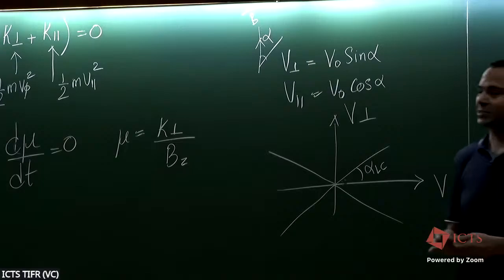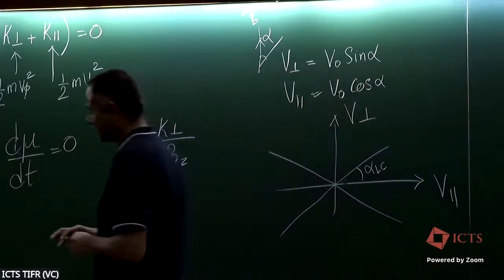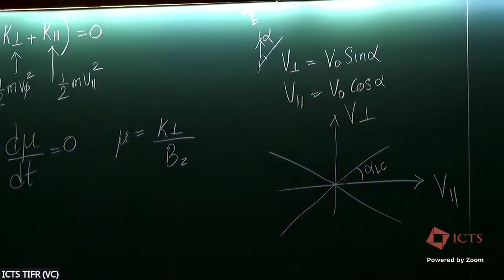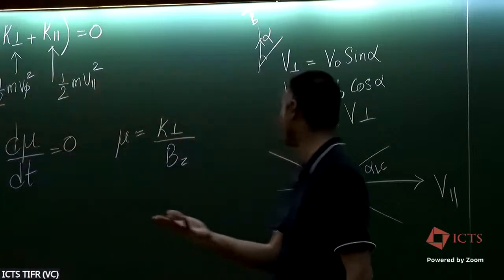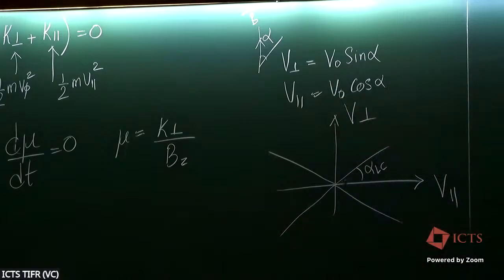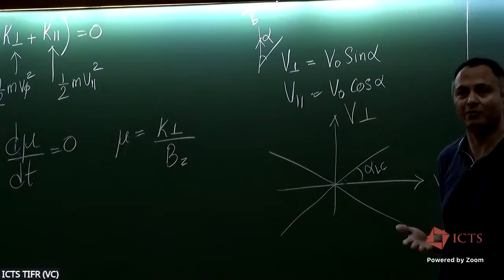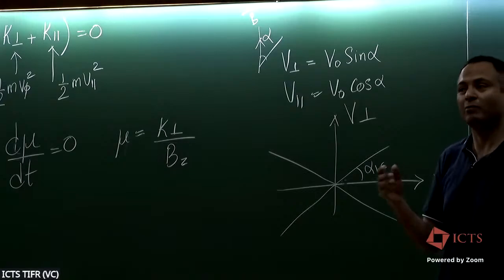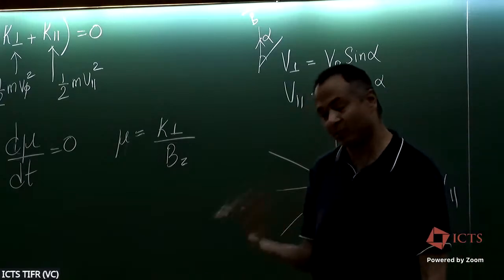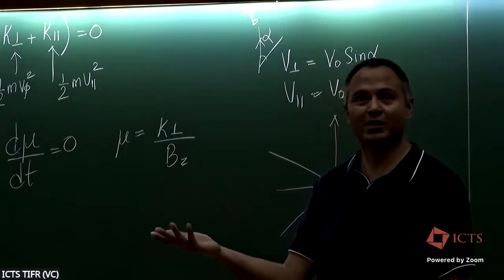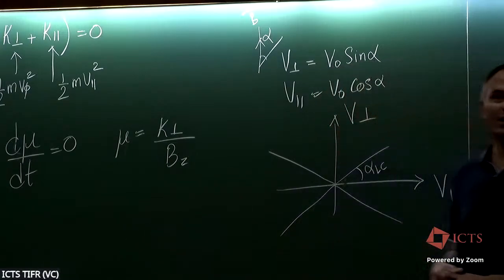The loss cone distribution is very interesting because there is free energy available here, which can be radiated as electromagnetic waves. Okay, so I'll explain how that happens, but I can give you a basic intuition of why you would get electromagnetic waves. In a loss cone distribution, you have what is called a population inversion, which is you have more electrons at higher perpendicular momenta than lower perpendicular momenta.